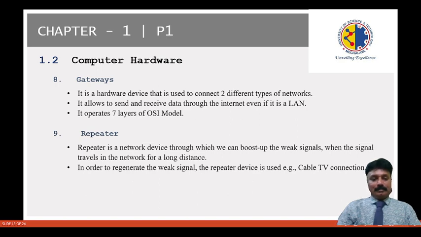For example, 1000 meters or 2000 meters, if we are going to send signals via cable TV, this repeater is a low cost device and it will boost the signal, because after a certain distance, the signal will become weak. So to regenerate the signal, the small repeater device will be connected and the signal will be boosted. The destination will keep on getting the proper signal. So normally in a cable TV connection, we will use this.